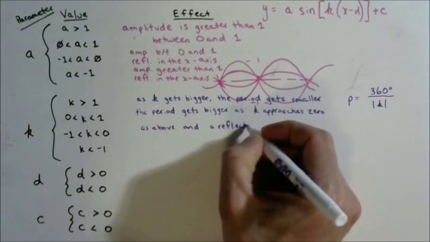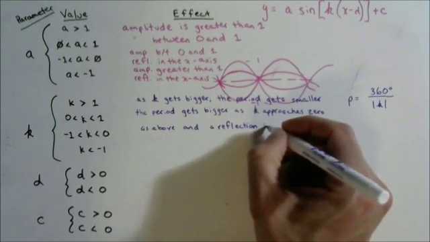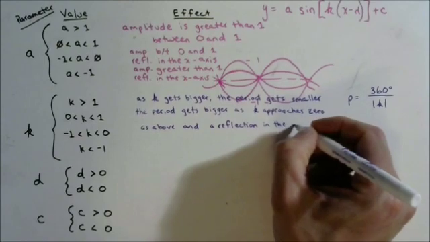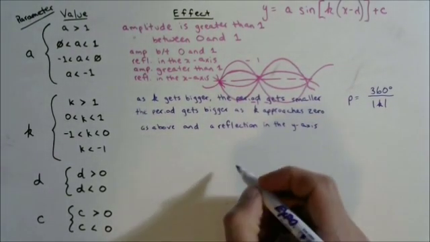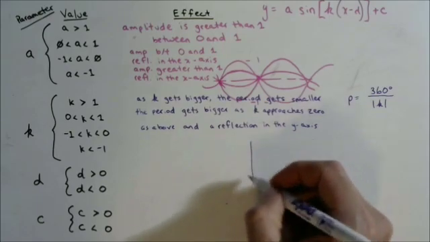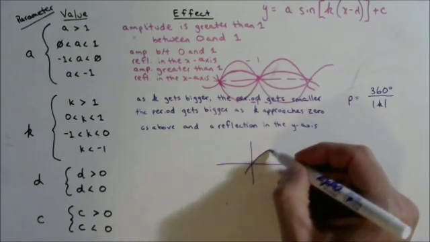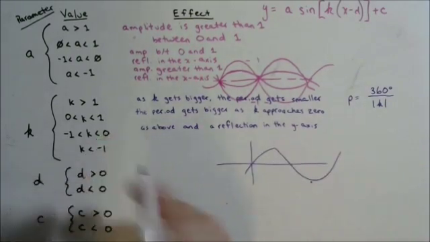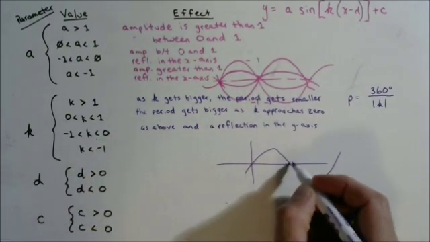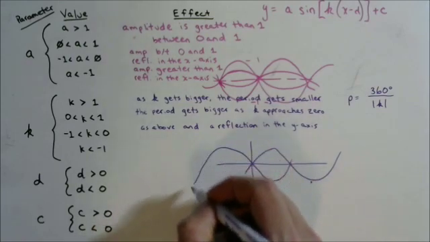Reflection in the y-axis. Now, what's interesting about that one is, let's say we have a sine wave. Sine wave, if we flipped this over, it would certainly look different.